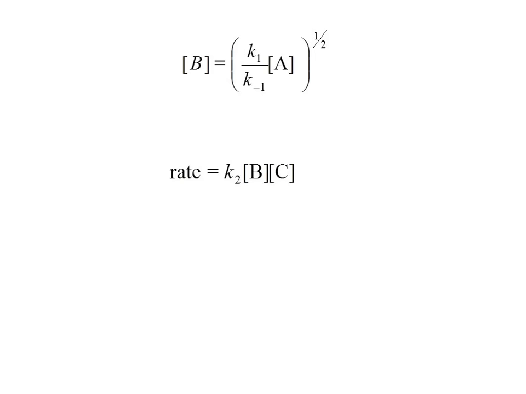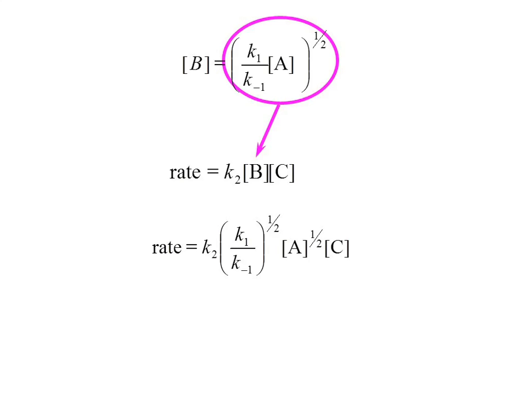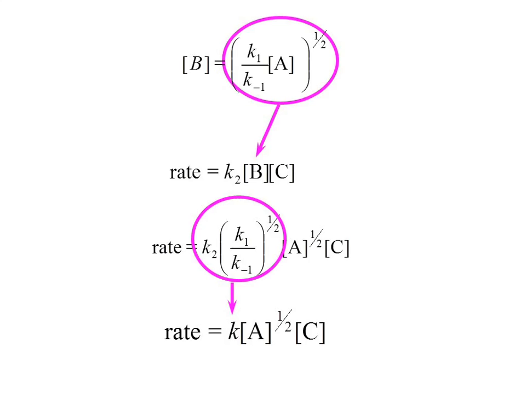We've got to get rid of the B, so we substitute that quantity in for the B, and it's going to be that times C. Cleaning things up like we did in Friday's lecture, we usually just talk about one general K. In this case, looking behind the scenes, K is actually the rate law constant for the second elementary step times K1 over K minus 1, all raised to the 1/2 power.